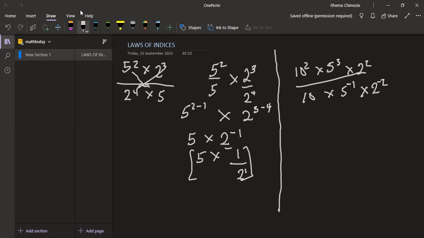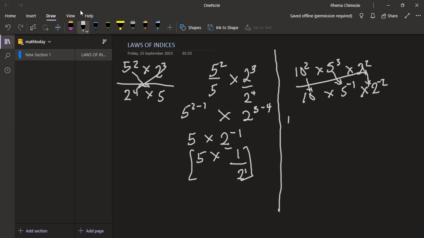Let's see what we can do about this. Just as we did for the other one, this will go with this, and this with this. Let's write it out.